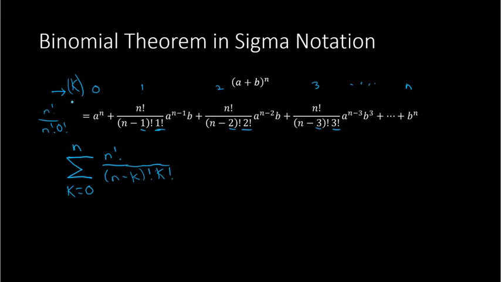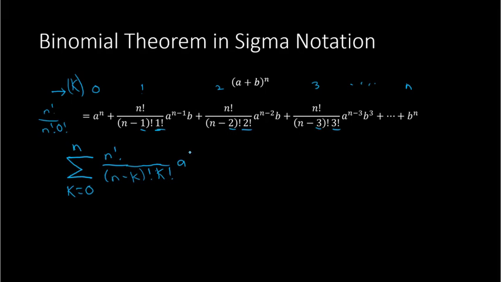Normally we use n as the term number, but here n is in the formula, so we don't want to use n twice. It wouldn't make sense, so we choose k. That would be our coefficient, and then we have our variables: a to some power, and b to some power.